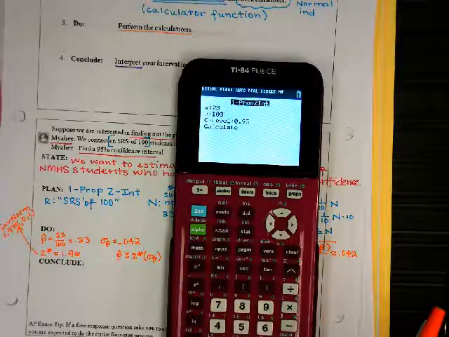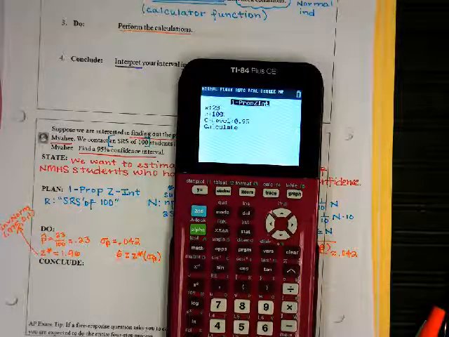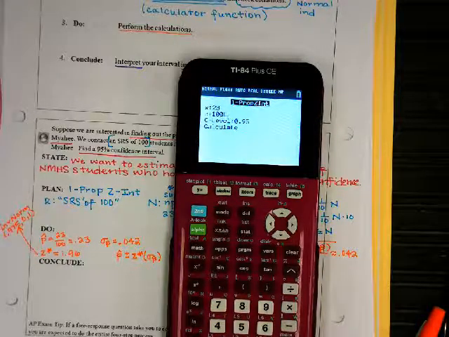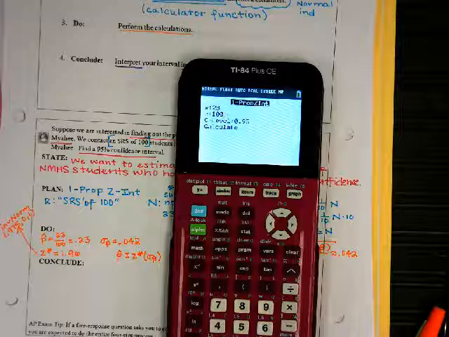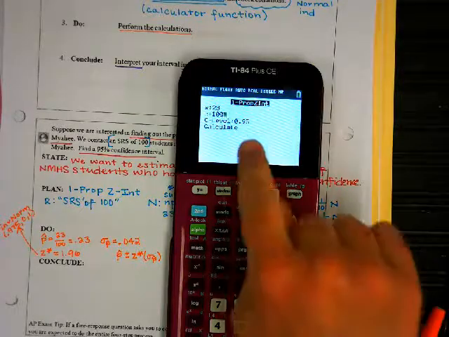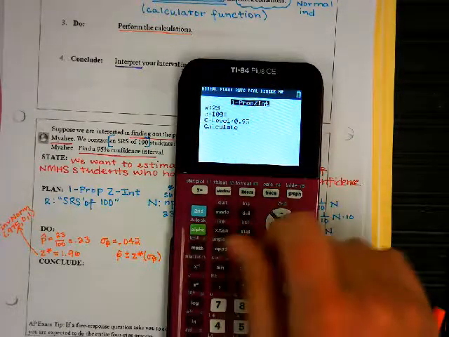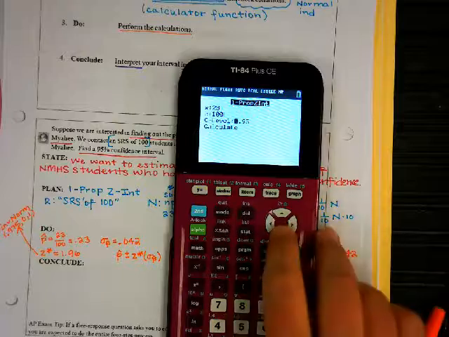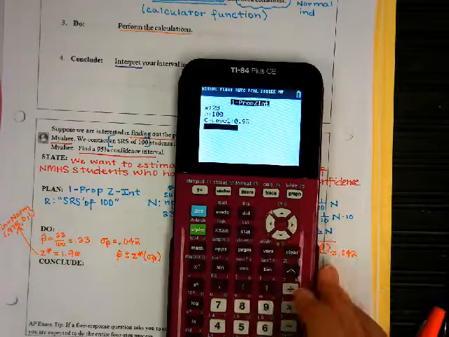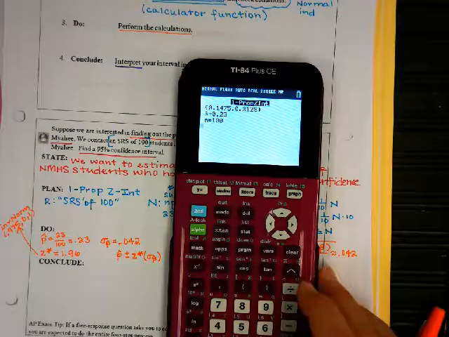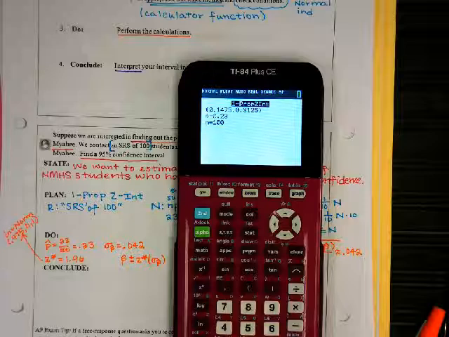If it's not the confidence level you want, notice you have to put it as a decimal. Okay, you can't put 95 in there, it'll get mad. So then it gives me my confidence interval. It goes from 0.1475 to 0.3125.